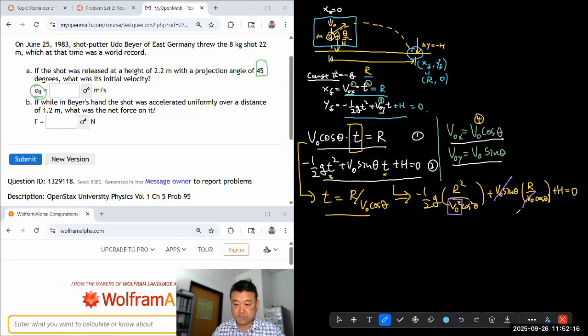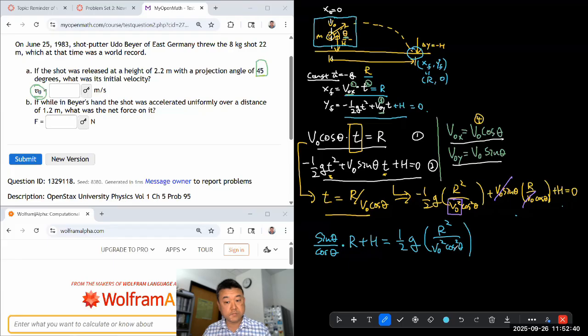Then I get this. Let me write out these two remaining terms on the left hand side. I get sine theta over cosine theta times r plus h is equal to, this thing moved over, 1/2 g r squared over v naught squared cosine squared theta.